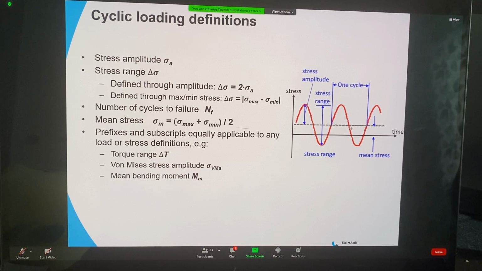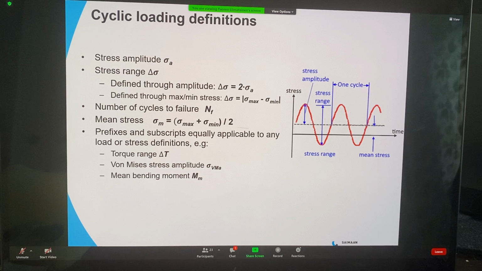Sometimes some people consider that it's only half of it, but no, it's one full reversal back and forth. And then mean stress is the value in between the peak and the valley, just in between. That's fairly easy to understand. And these are, I would say, the most important definitions in fatigue, which you would need to understand and use in the calculations.